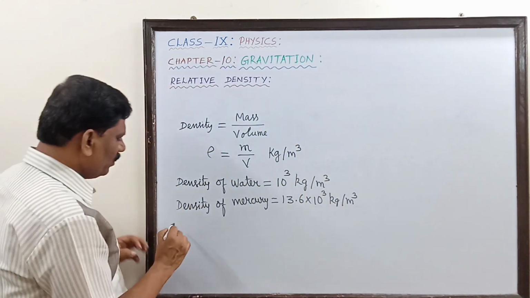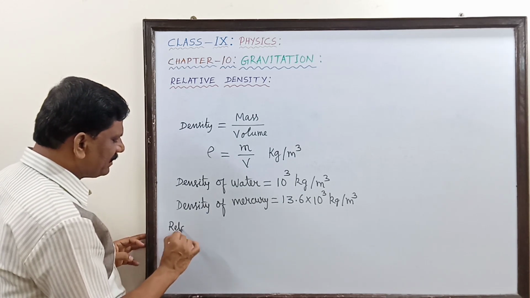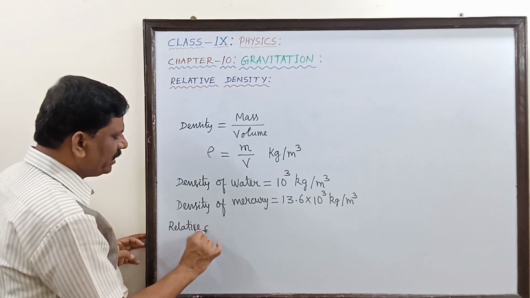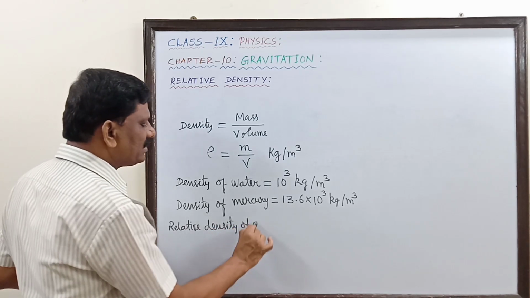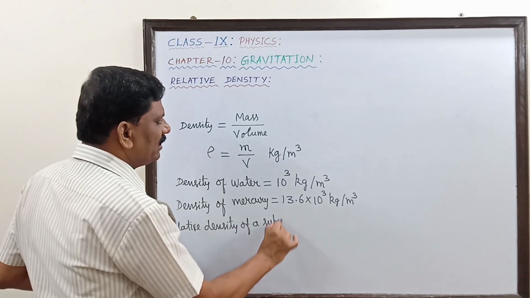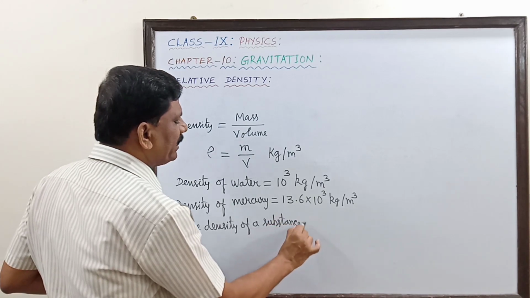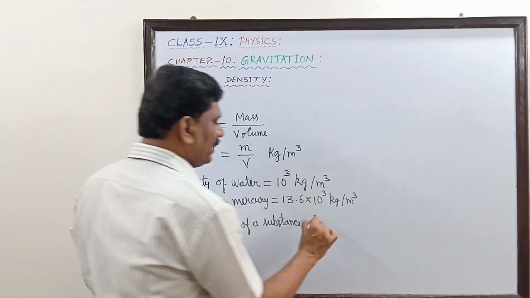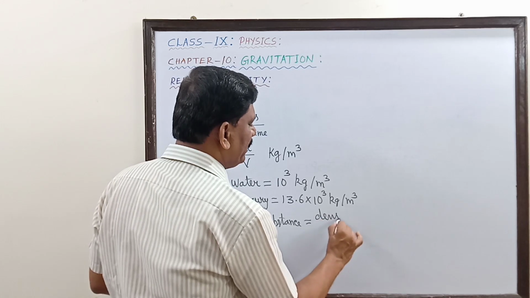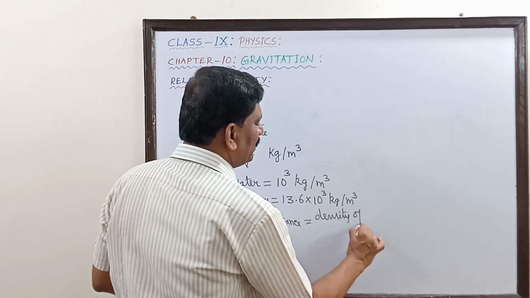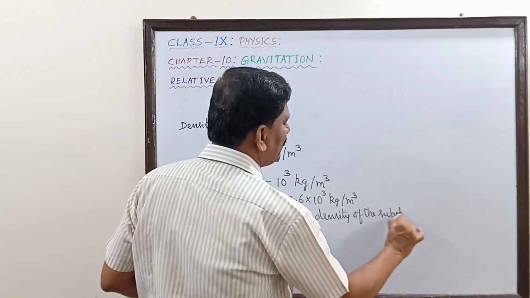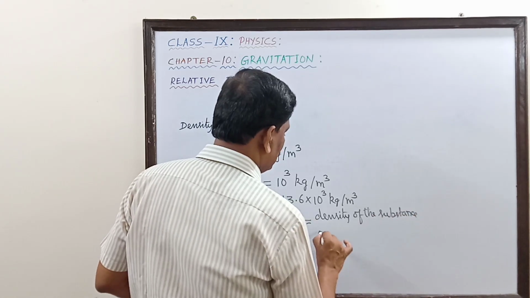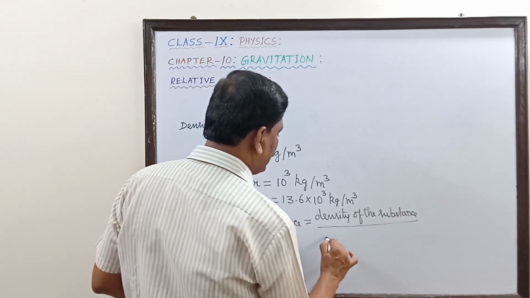So relative density of a substance is equal to what? It is defined as the ratio of density of the given substance divided by the density of water.